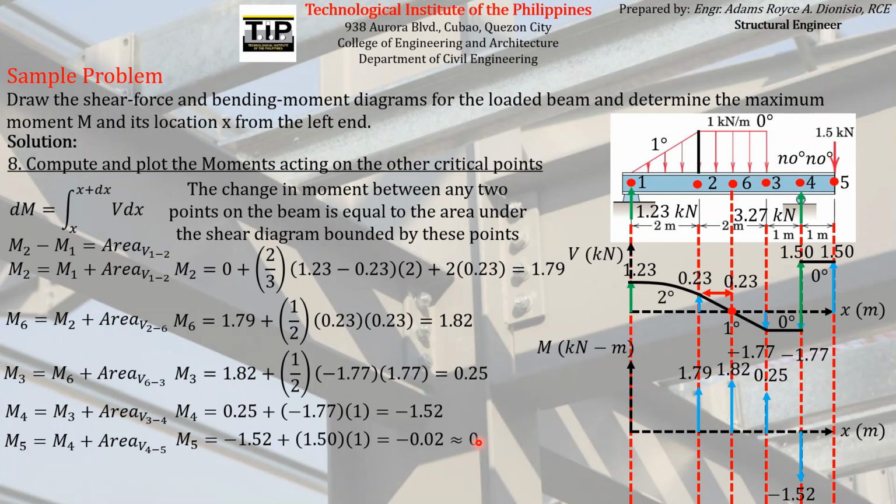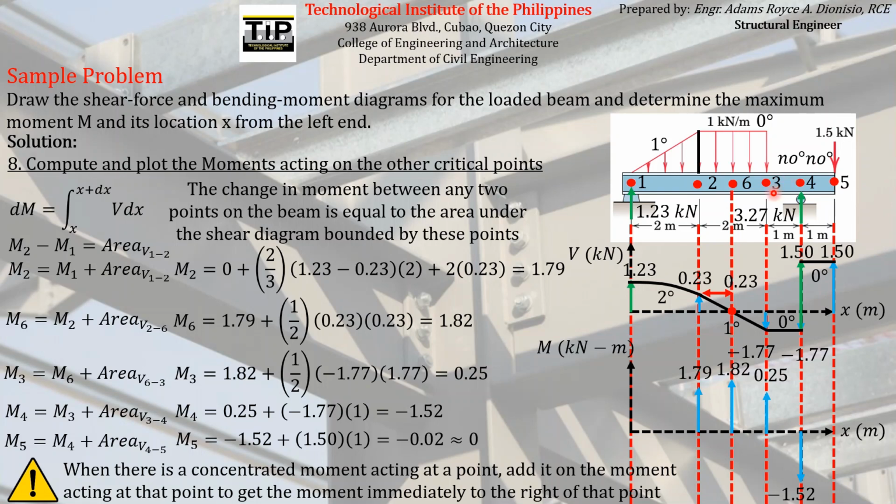So just a note for you, in the case that there is a concentrated moment acting on any other point on the beam, just like what we had done on the shear force diagram, you just have to add that magnitude to the bending moment at that particular point. Say for example, you have a concentrated bending moment here.